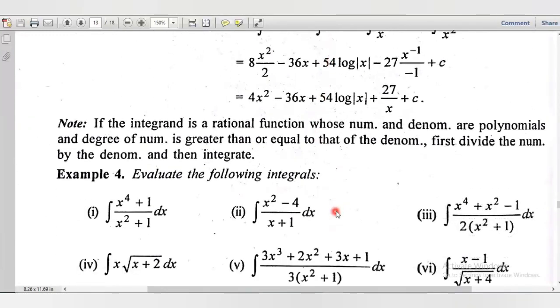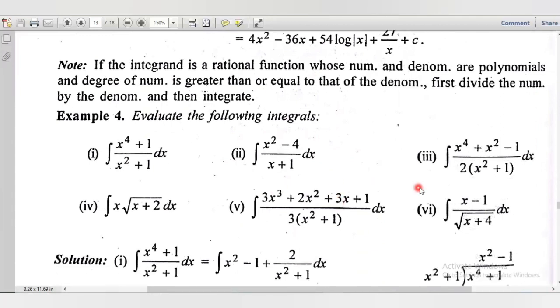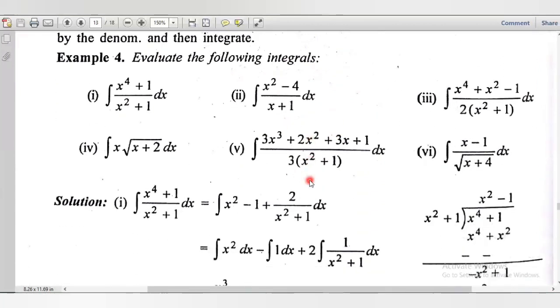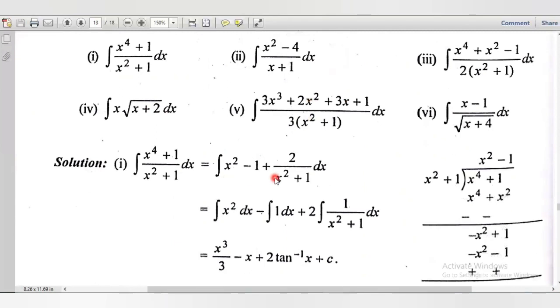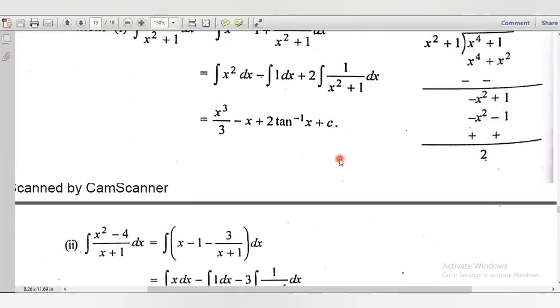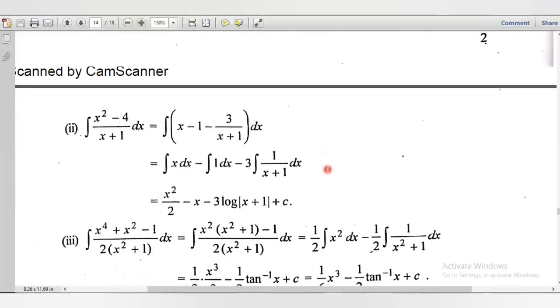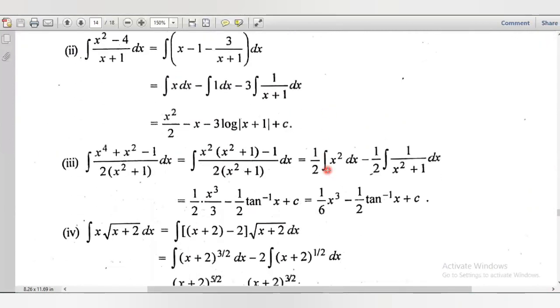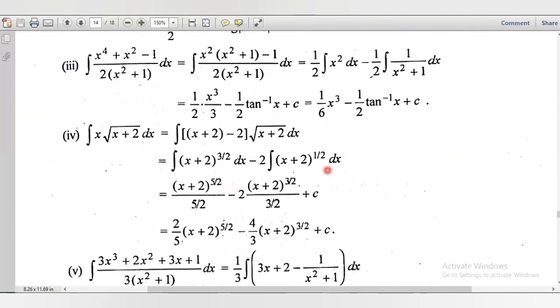And here some more examples, where we need a little bit of reasoning. Here these solutions are already given. So nice, very nice.